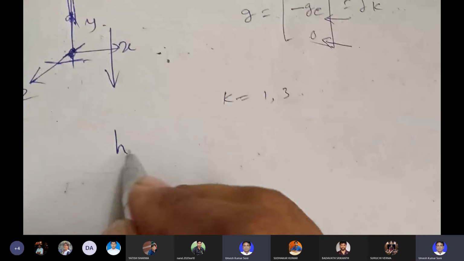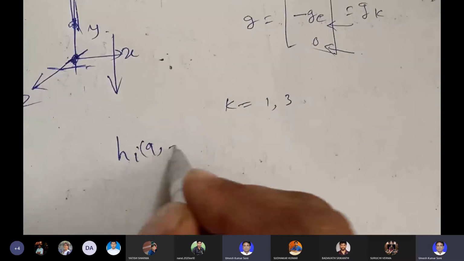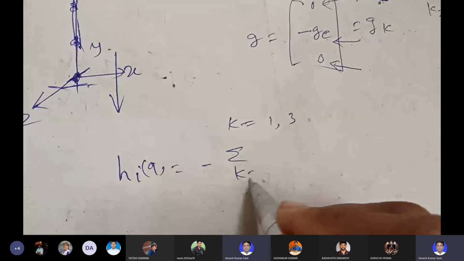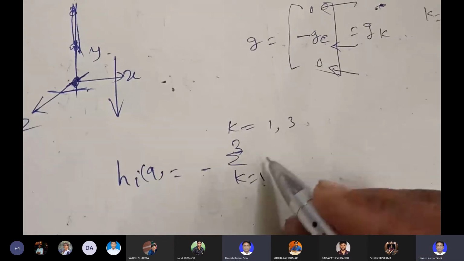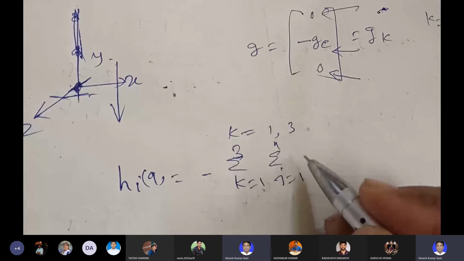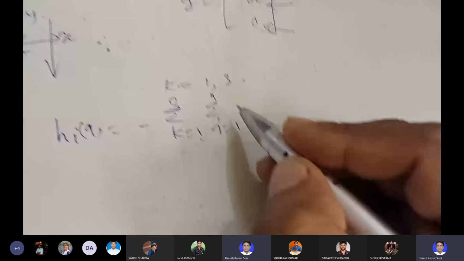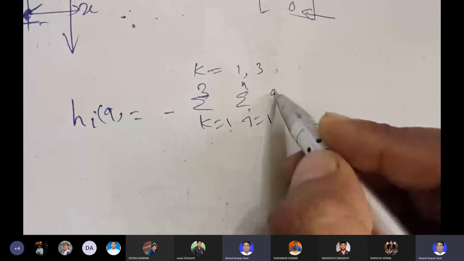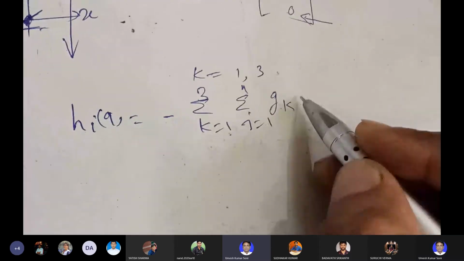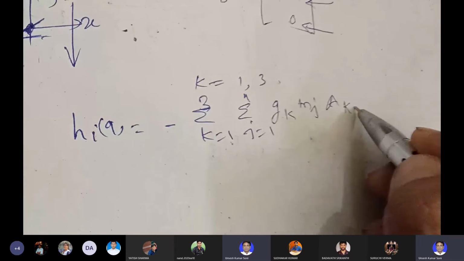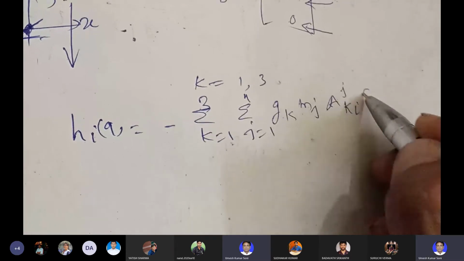Okay, so h I q equal to minus sigma k equal to 1 to 3, sigma j equal to 1 to number of links, number of joints. Clear? So gk mj aki and jq.